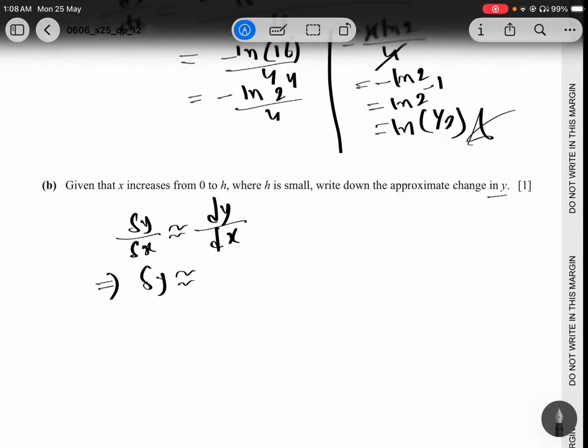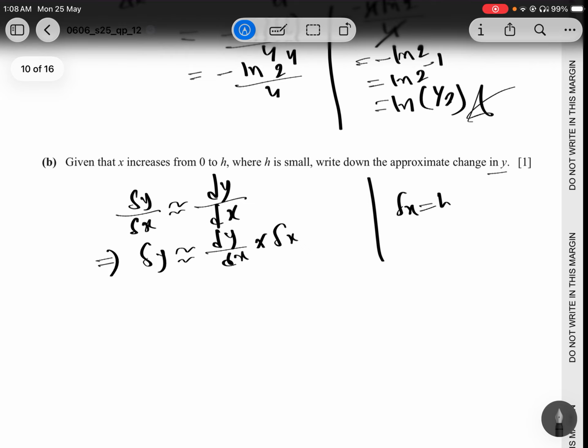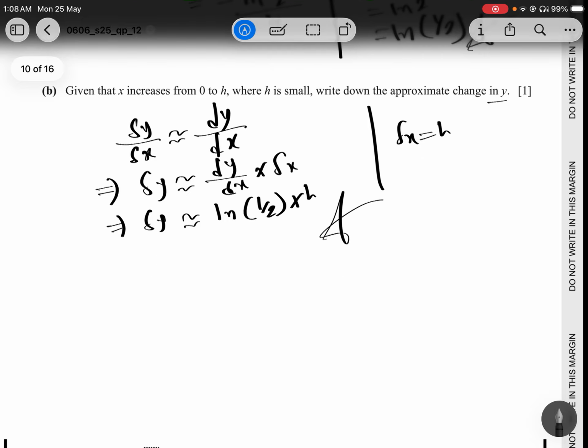Delta y is dy/dx into delta x. Here delta x is h. So the change in y would become ln of 1 by 2 times h. Yeah, the result is like this.